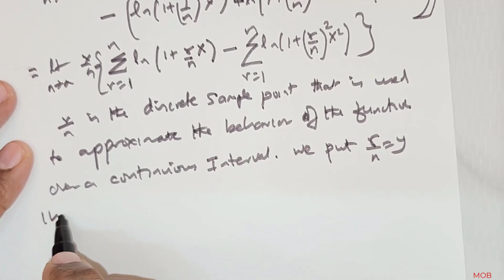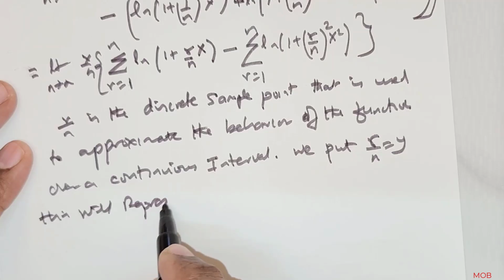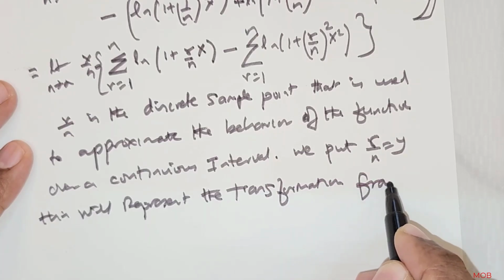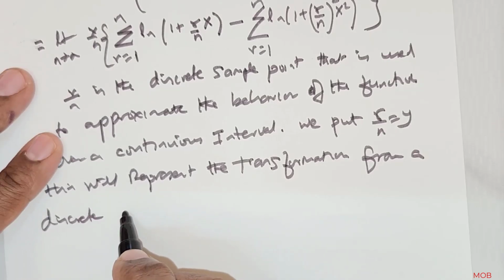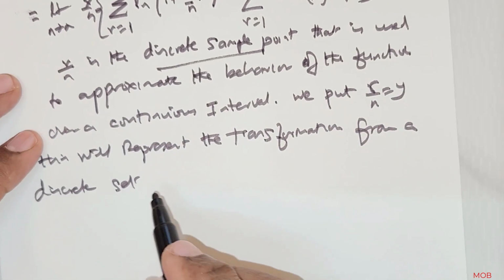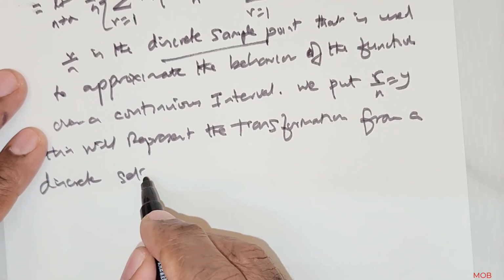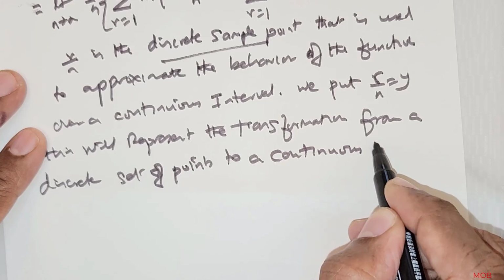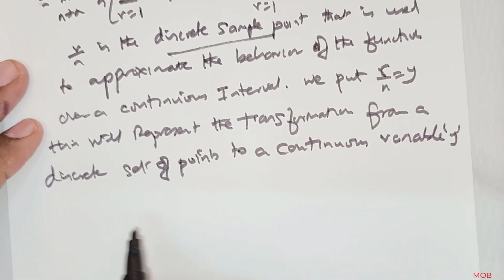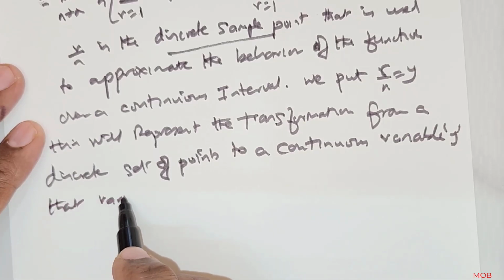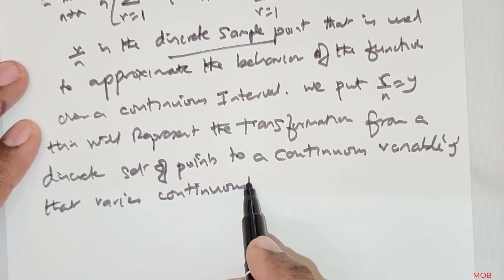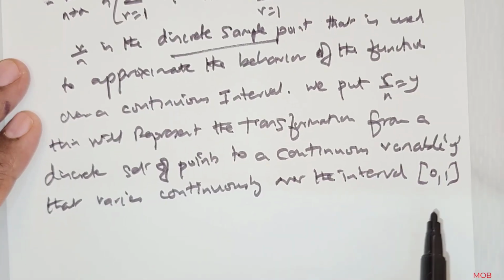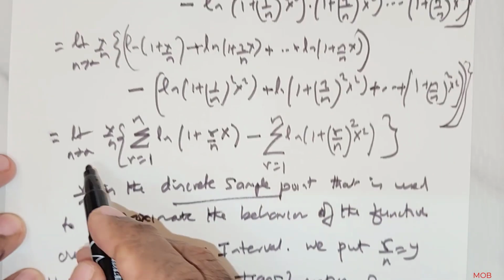This will represent the transformation from a discrete set of points, because we already defined r over n, to a continuous variable y that varies continuously over the interval 0 to 1. Okay, so this is as n is tending to infinity.